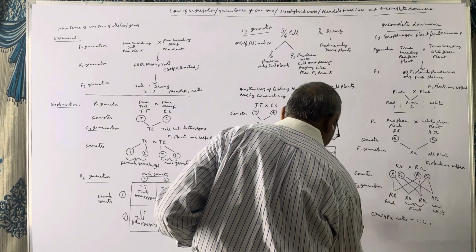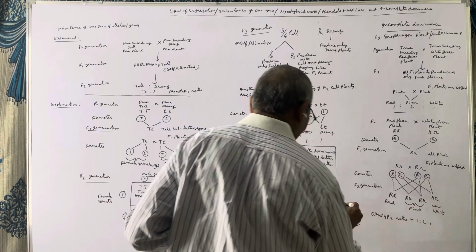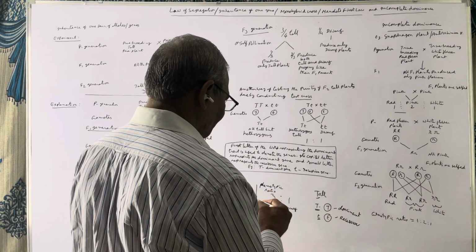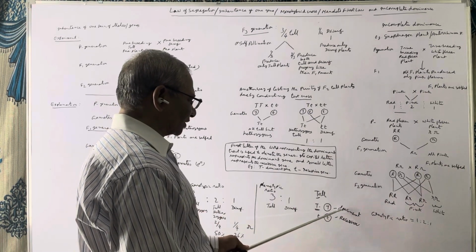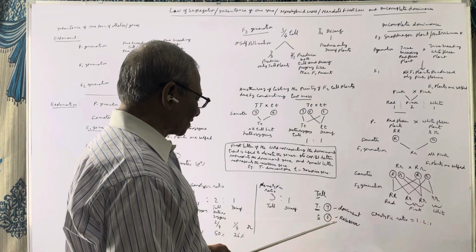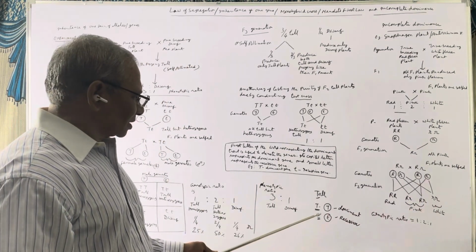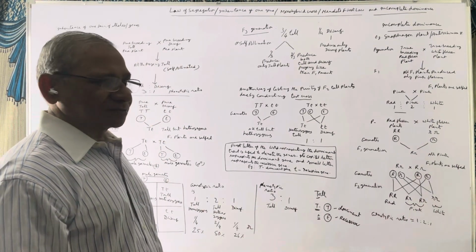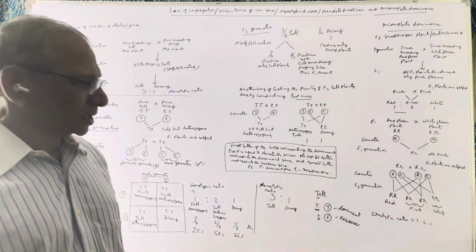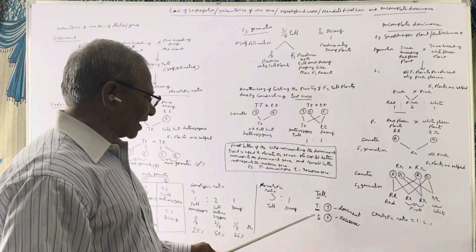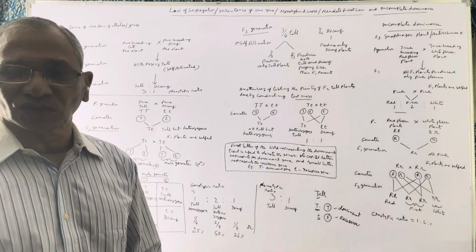We call them the dominant gene and recessive gene. So capital T represents the dominant gene, small t represents the recessive gene. If both the genes are identical, then that plant is known as homozygous plant. If the genes are different, or if the alleles are different, then that plant is known as heterozygous plant.